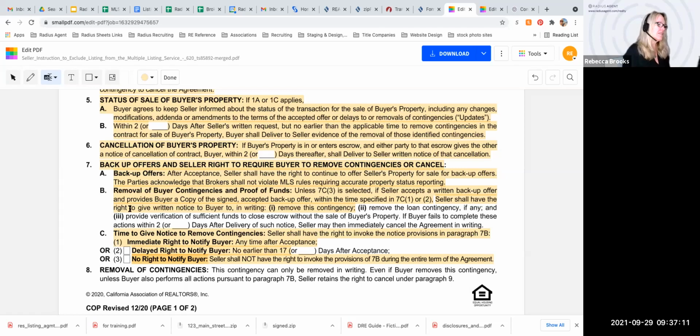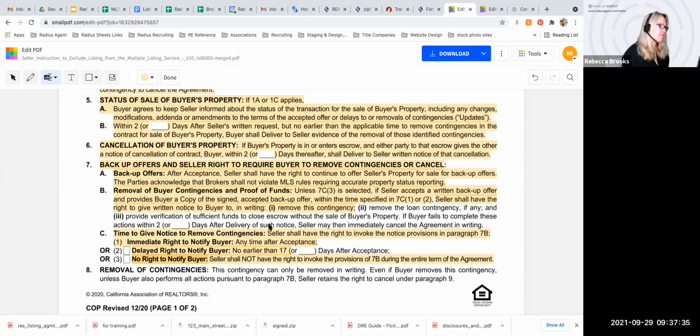Okay. And so this is why it's a confusing form, and this is why it's really important if you're using this form to pay super attention to these 3 options right here. Okay, regarding when that seller is going to have the ability to give you a notice to perform and perhaps kick you out of contract because they got a better offer.